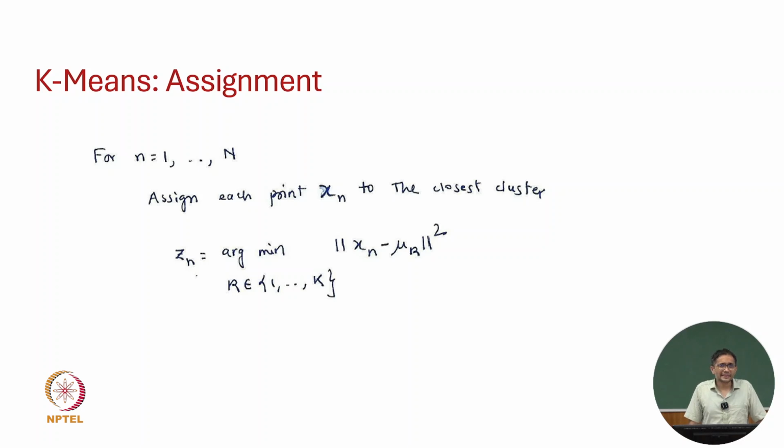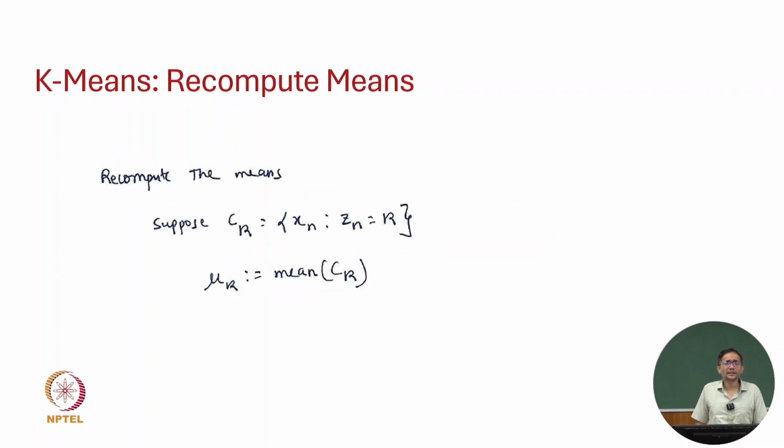In this way, of course, we get this zn, the assignment of each of these points. Now let us recompute the means. That is similar to assigning a new captain, the assignment of the captainship from person A to person C in our example.